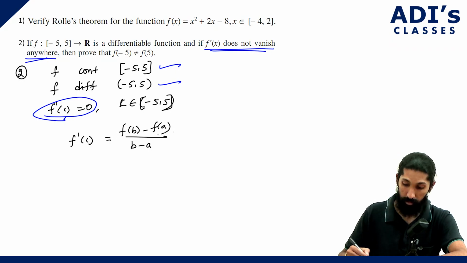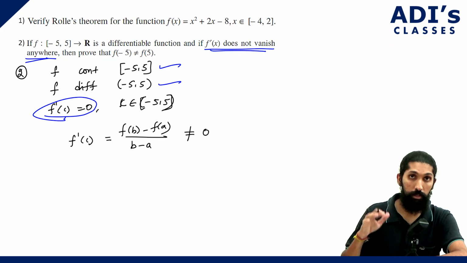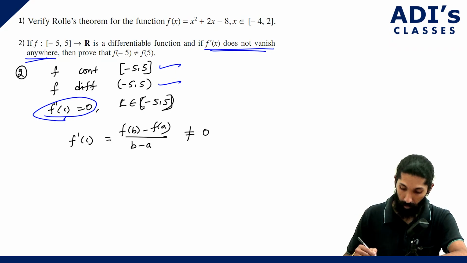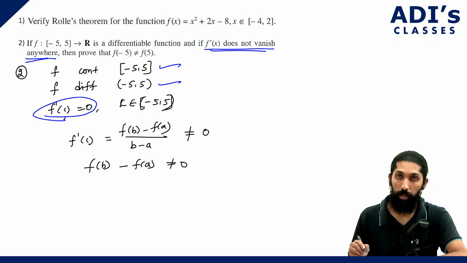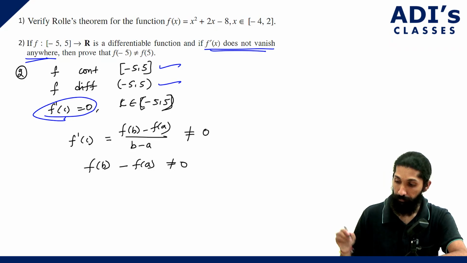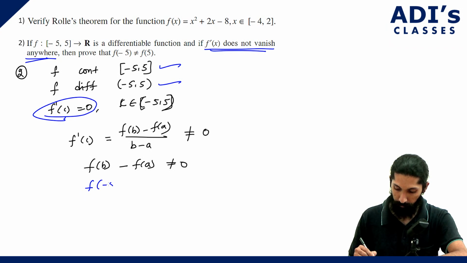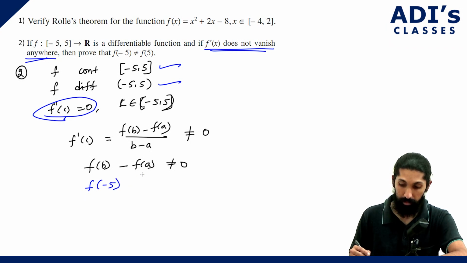But since this is not equal to 0, f of b minus f of a is not equal to 0. Only when the numerator is 0, the value becomes 0, isn't it? So now what do we have? If you take this, f of minus 5 minus f of 5 is not equal to 0.